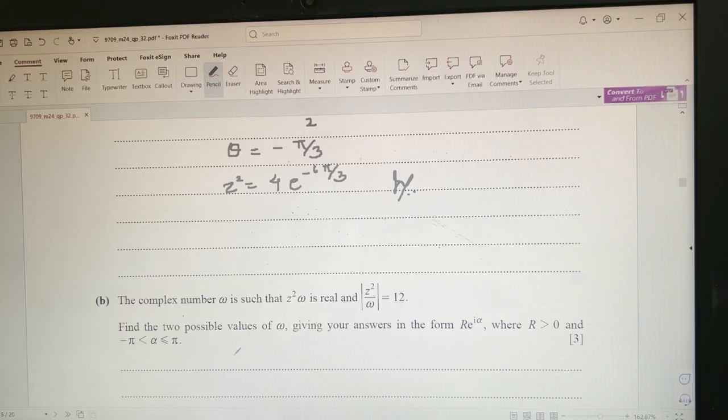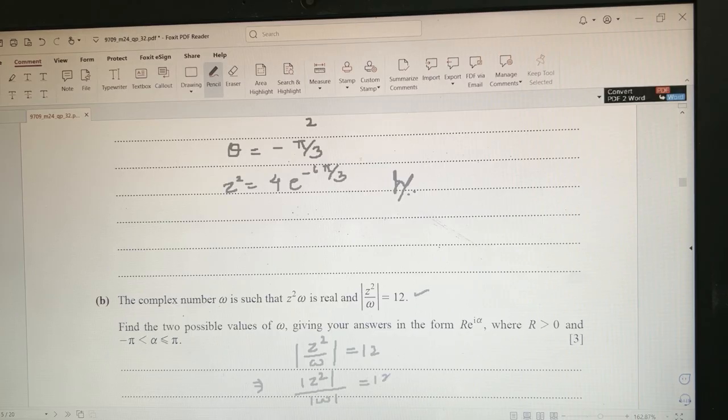z square omega is real. So theta is minus pi by 3. We'll use the relation where it says modulus of z square over omega is 12. By the property of complex numbers, we can say mod of z square upon omega is mod z square upon mod omega.